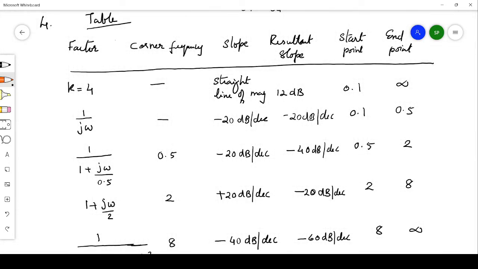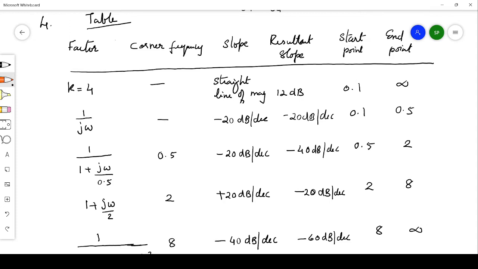For drawing the Bode plot, as you know, there are two plots: one is the magnitude plot and the second one is the phase angle plot. For plotting the magnitude plot, you have to form this table. We will arrange the factors in increasing order of corner frequency.